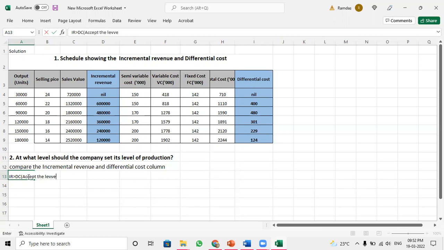At any level of activity where the incremental revenue is greater than the differential cost, you can accept or choose this level of activity. If your incremental revenue is lesser than the differential cost, then it is advisable not to accept or choose the level of activity.